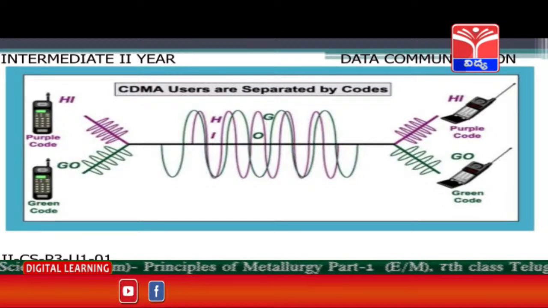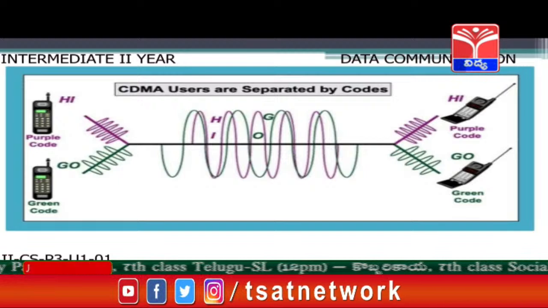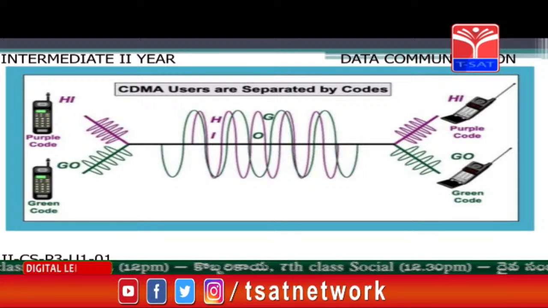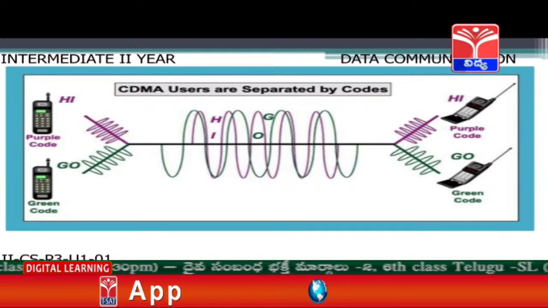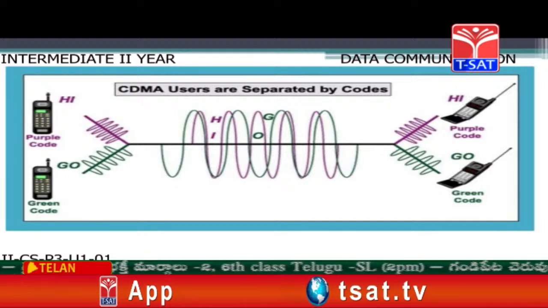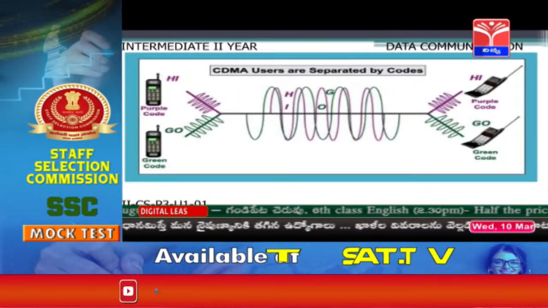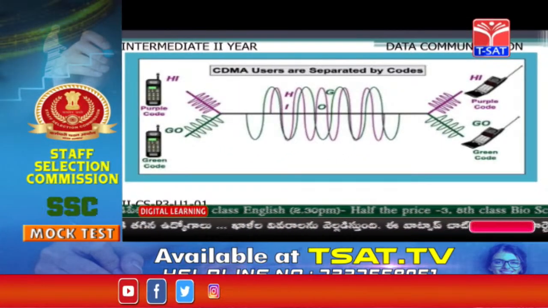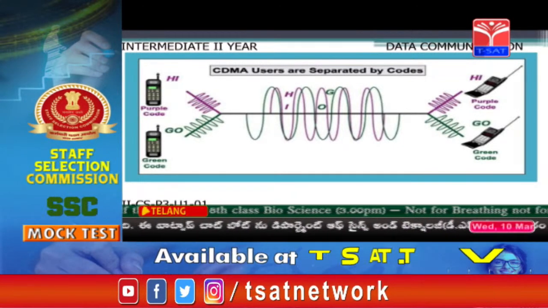Code division multiplex techniques are used as a channel access scheme, namely code division multiple access, that is CDMA. Examples include mobile phone service and wireless networks, with the advantage of spreading intercell interference among many users.